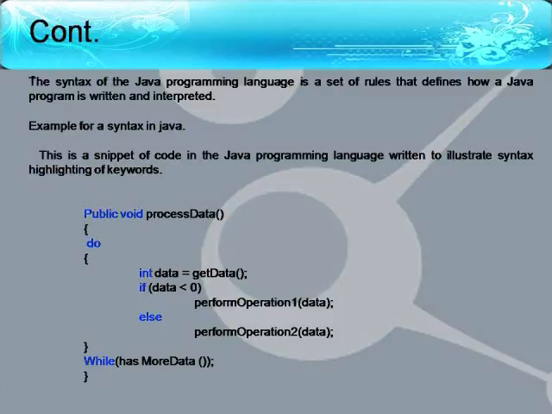Float. The float data type is a single precision 32-bit IEEE 754 floating point. Its range of values is beyond the scope of this discussion, but is specified in the language specification.